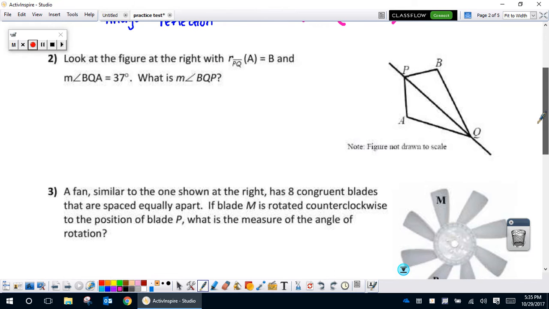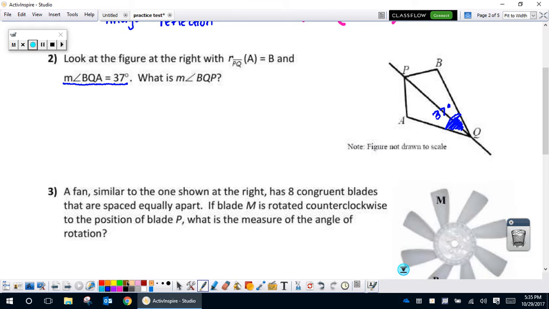Alright, number 2, you're looking at the figure at the right. You're reflecting A over the line segment PQ to get B. Notice P is actually on the reflection line, as is Q. They're telling you the measure of angle BQA is 37 degrees. So from B to Q to A, that's this whole angle, and that's 37 degrees.